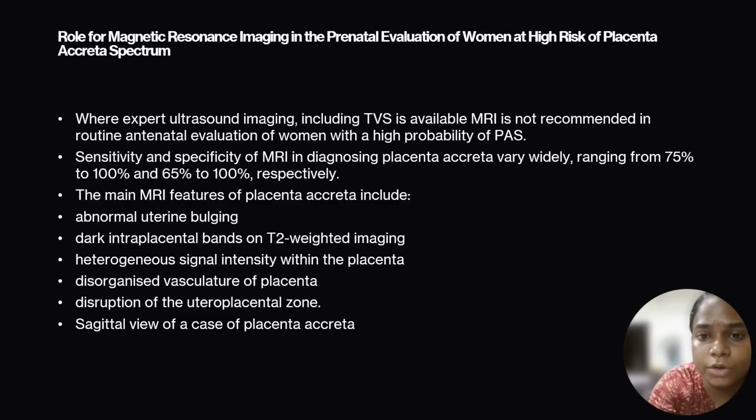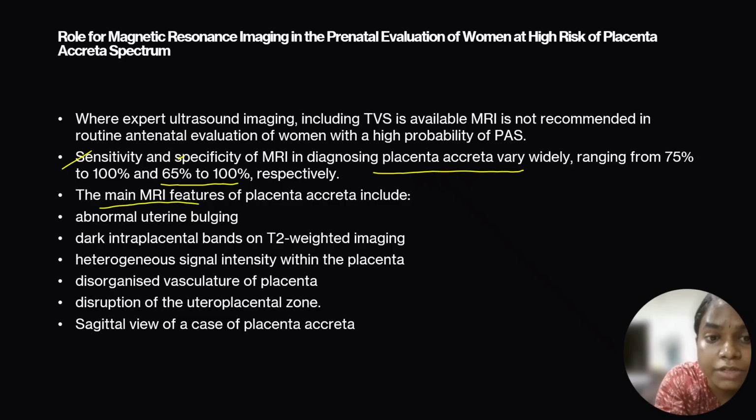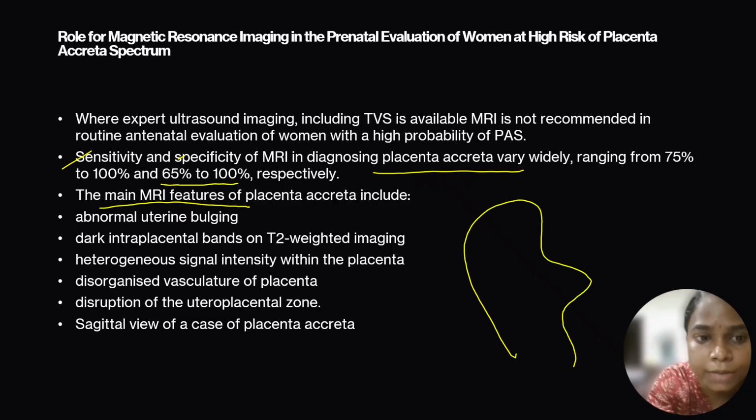MRI in diagnosing placenta accreta has 75 to 100% sensitivity and 65 to 100% specificity. These are MRI features, which I told earlier as ultrasound features. MRI features are abnormal uterine bulging, abnormally dark intraplacental bands, and heterogeneous signal intensity.